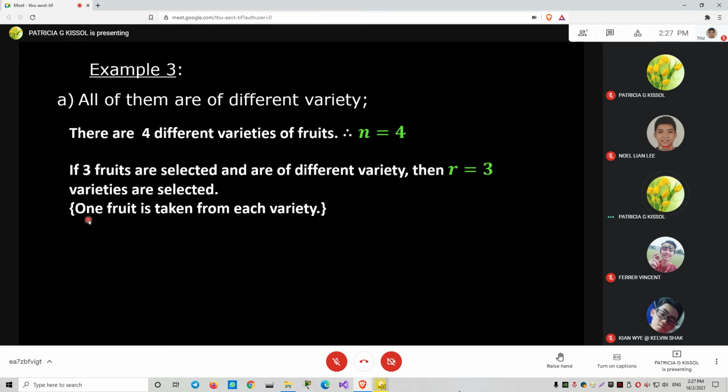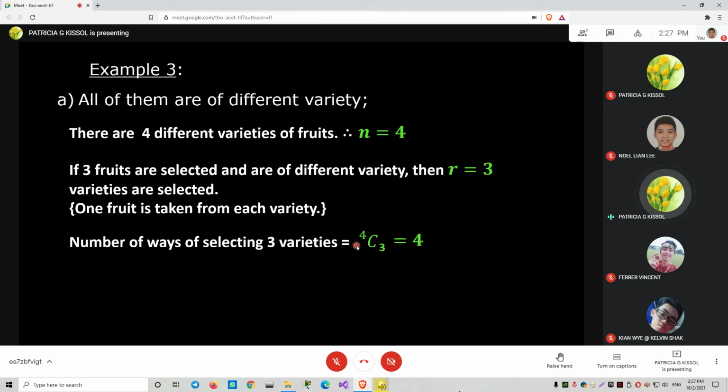That means 1 fruit is taken from each variety. So the number of ways of selecting 3 varieties from the 4 different fruits is 4 combination 3, and that is equal to 4.